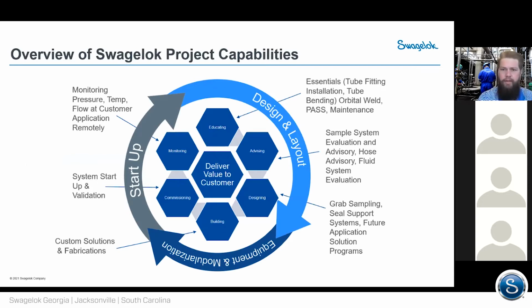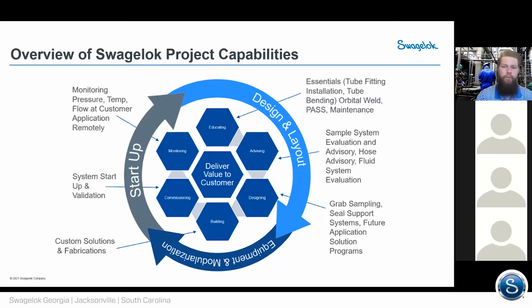Maybe even have taken a process analyzer sampling system course before through us. You may have even utilized our services as far as custom solutions, so we can obviously build your systems for you and set them up so that they're kind of a plug and play application from really small assemblies all the way up through panel builds.